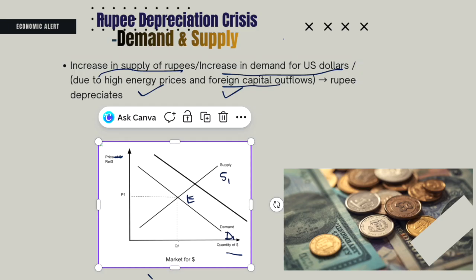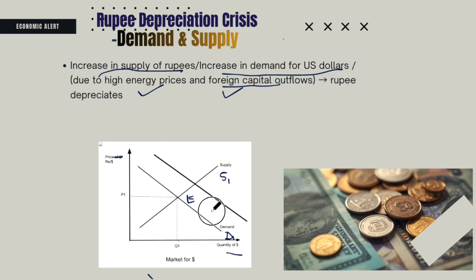So what happens as a result of this rightward shift? The new equilibrium shifts to point E1, and you can see that at this point the price of dollar has increased, or the rupee dollar exchange rate has increased. In other words, the rupee has depreciated.